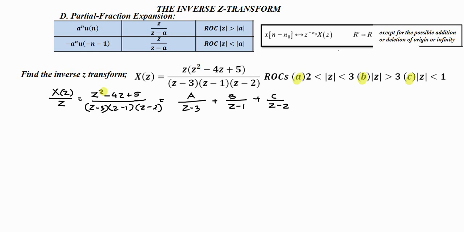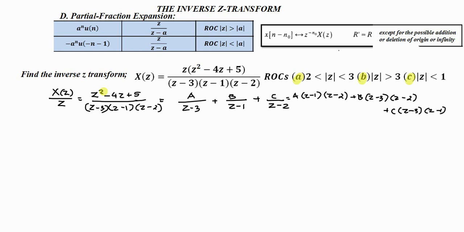If you take the LCM, it becomes a into z minus 1 into z minus 2 plus b into z minus 3 into z minus 2 plus c into z minus 3 into z minus 1.